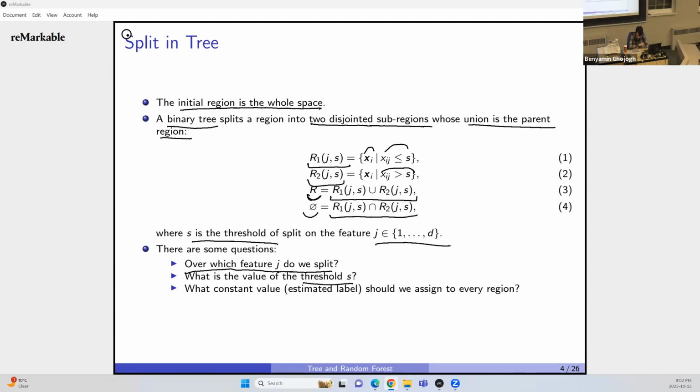The third question: what constant estimated label should I assign to every region? Because I want to assign some estimated label to every subregion for the sake of regression or classification. What value do I assign to that region? Okay, so 3 questions arise. Now let's answer them one by one.